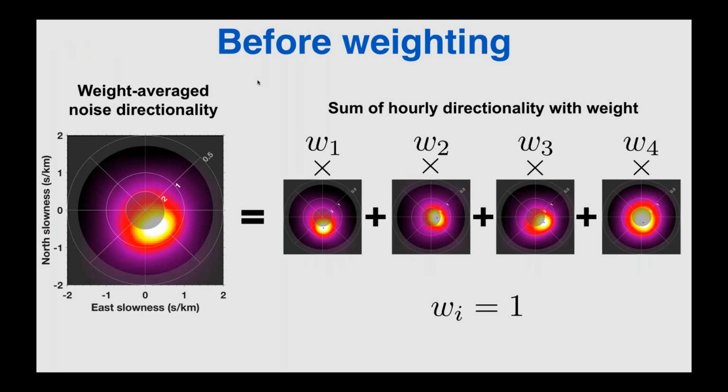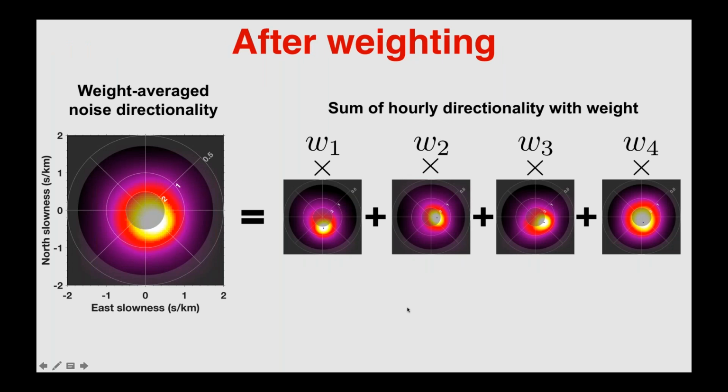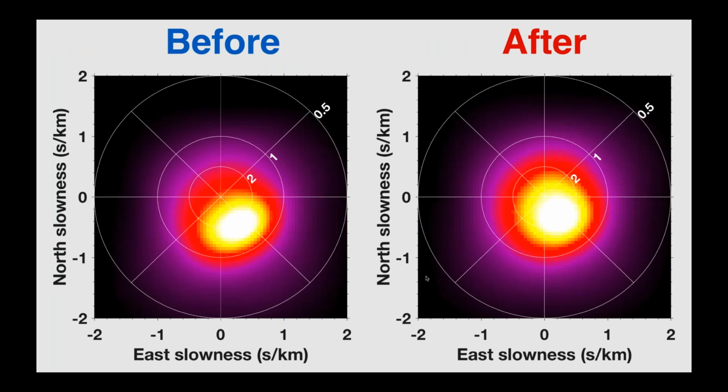So this is before weighting, where I simply average over the entire time. This is after weighting. So this is before, after. It looks like very small changes: this is more likely southeast, and this part is a little bit more circular.